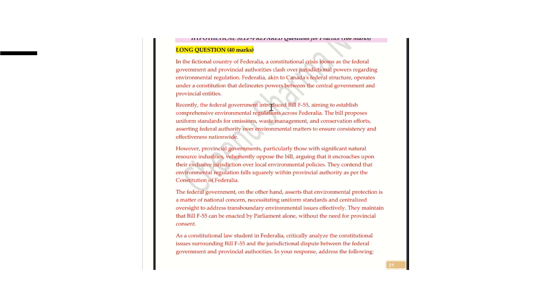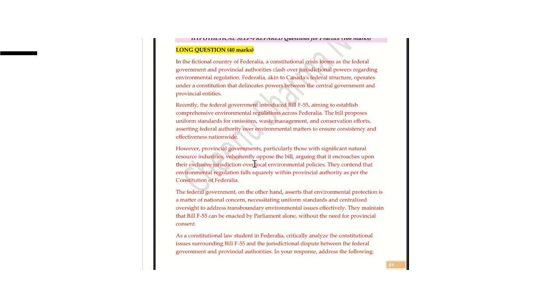The federal government here introduced a bill aiming to establish comprehensive environmental regulations. The bill proposed uniform standards of emission, waste management, and conservation effort, asserting federal authority over environmental matters. But the provincial governments, particularly those with significant natural resource industries, are opposing this bill.